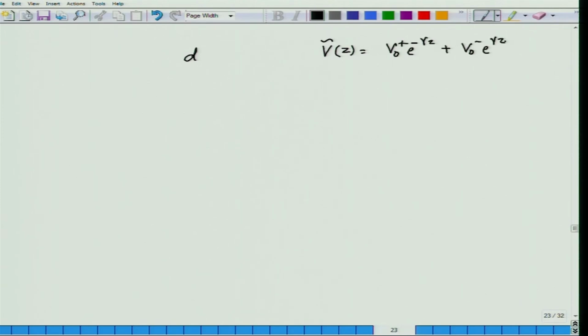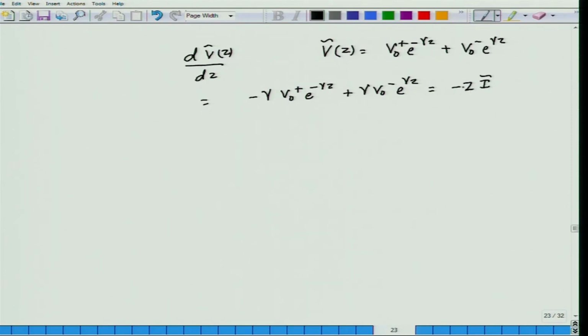This is how the total voltage phasor can be written, and if you differentiate the voltage phasor with respect to z, what you end up with is minus gamma V0 plus e power minus gamma z plus gamma V0 minus e power gamma z, but this is nothing but minus Z into I phasor.